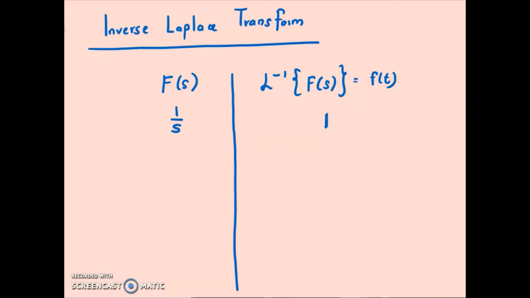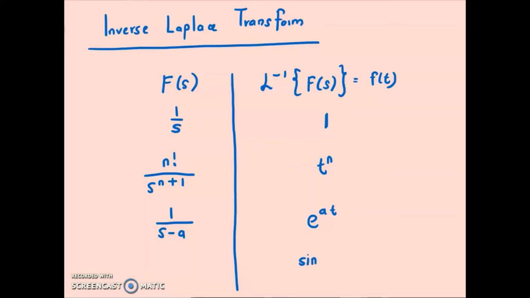Similarly, the Laplace transform of t^n is n factorial over s^(n+1), or the inverse Laplace transform of this gives t^n. If the Laplace transform of e^(at) is 1 over s minus a, the inverse of 1 over s minus a will give you e^(at).